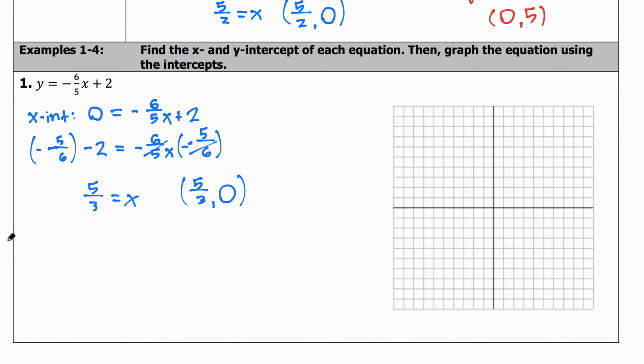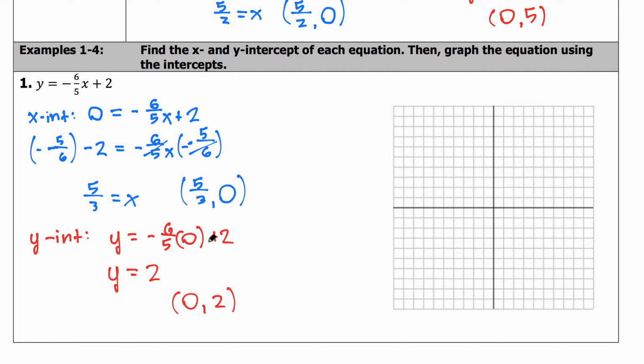Now for my y-intercept, I'm going to substitute 0 in for x. And that just gives me a y-intercept of 0, 2. Okay, so for the graph of this, the x-intercept is at 5/3, 0.